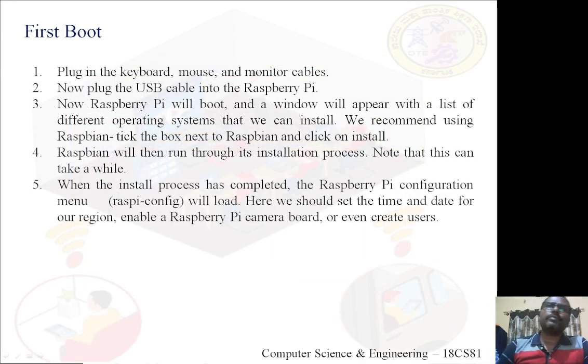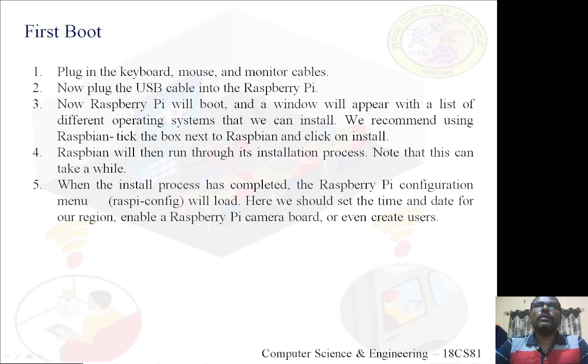Installation is not complicated, it's very simple. Raspbian will run through its installation process and this can take a while. Now just click next until finish. Raspbian is installed successfully.